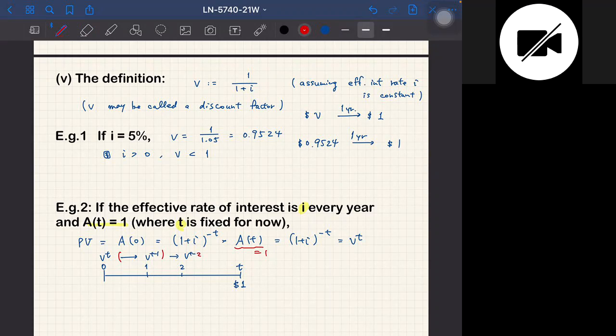And finally, this becomes $1. So the $1 is worth V to the t power, t years before. So you can imagine V is a somewhat convenient notation.